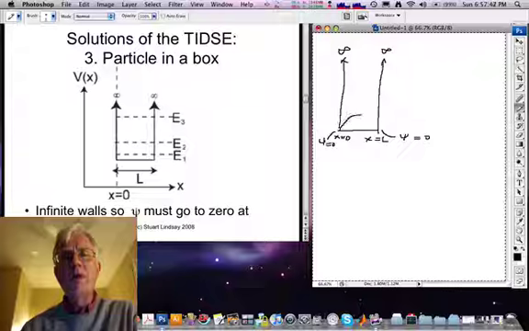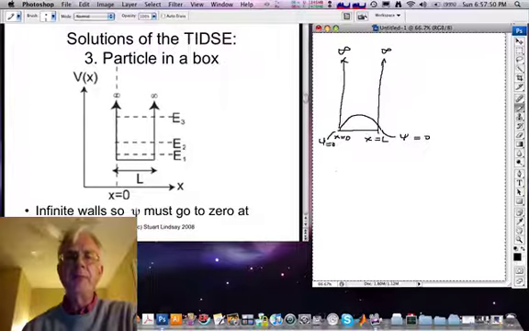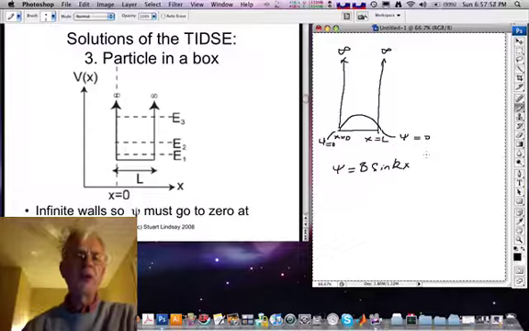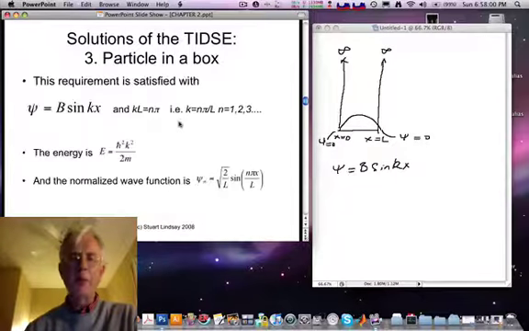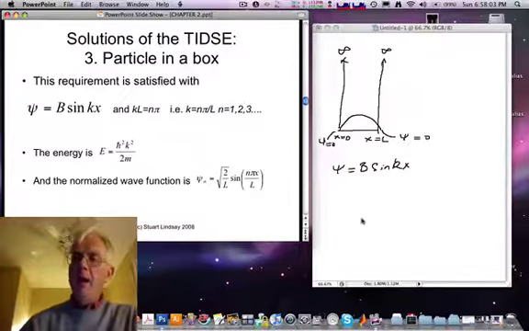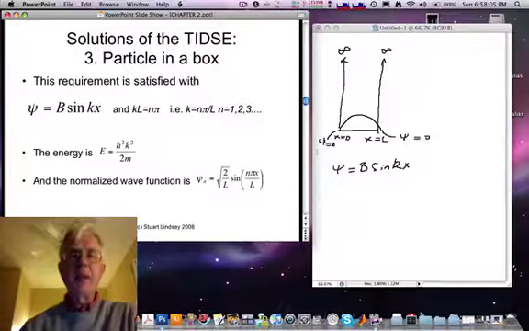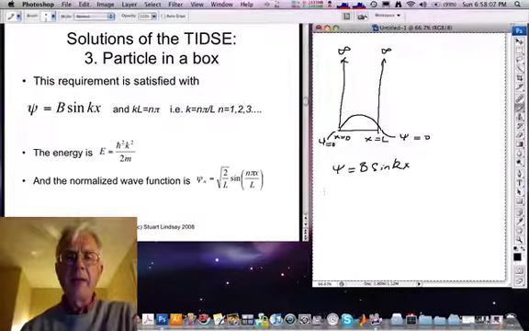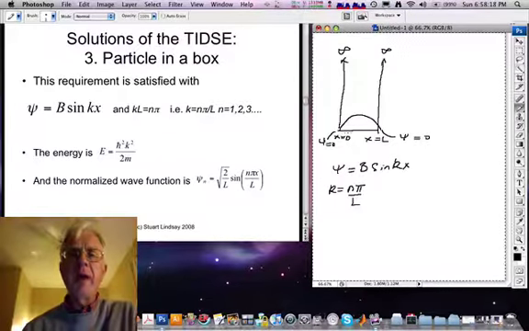One function that does this is the sine function, providing we choose the right value for this parameter k. In fact, it's simple to see that as long as we have k being equal to n pi on L, then this function indeed will satisfy the boundary conditions.